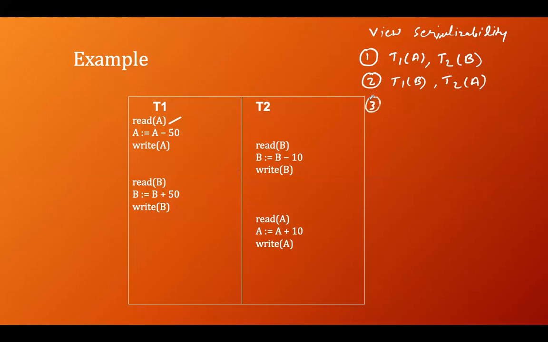The third view is who is performing the last write operation. You can see the last write operation on B is this, and the last write operation on A is this. Meaning T1 is writing on B and T2 is writing on A.